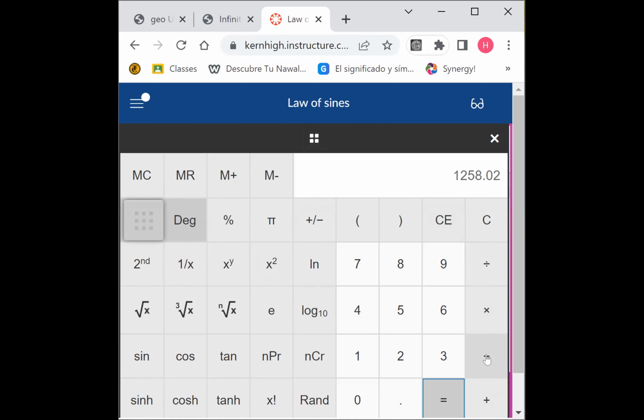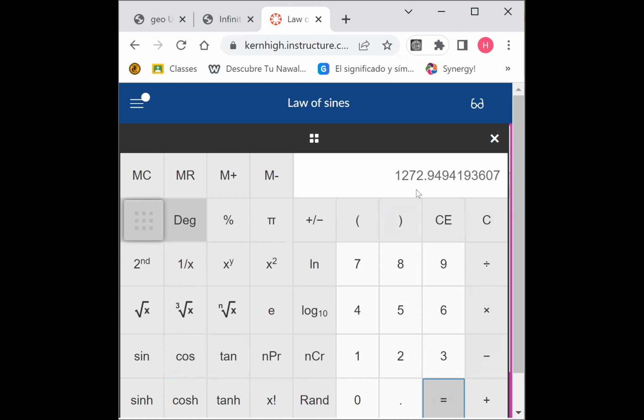So minus 2 times 27.9 times 21.9 times cosine of 90.7.